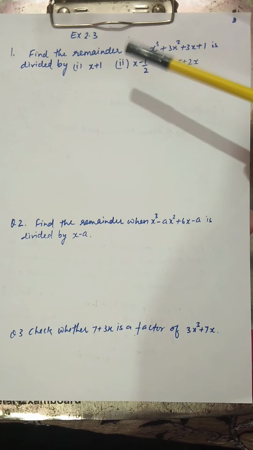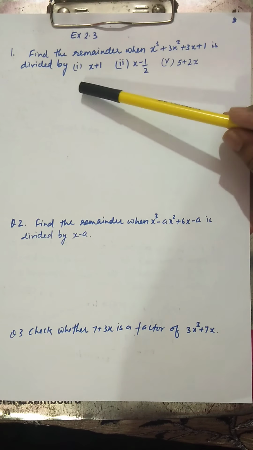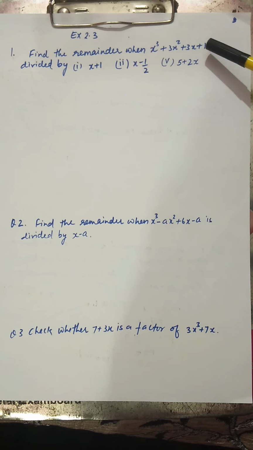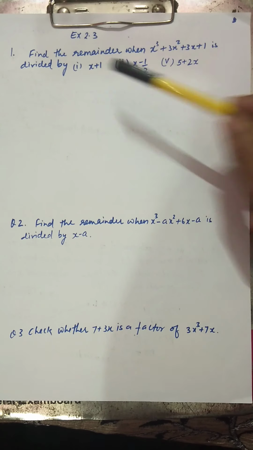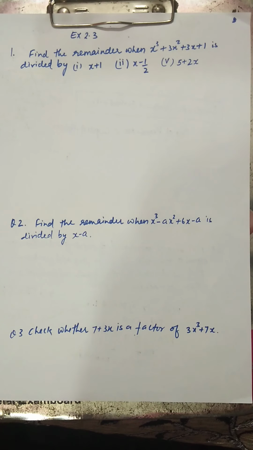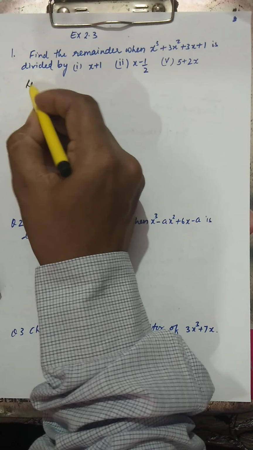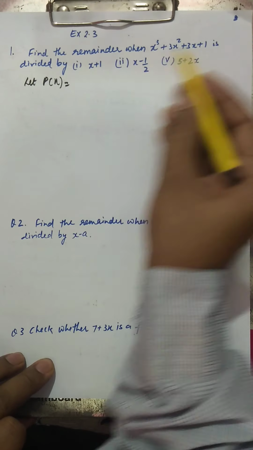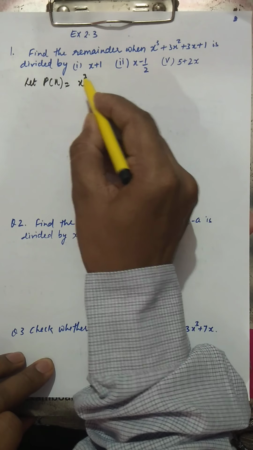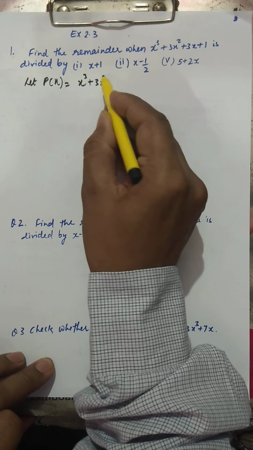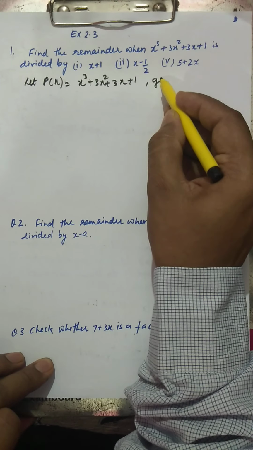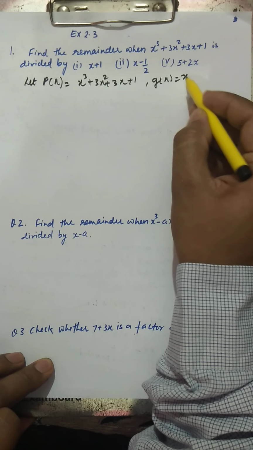We'll see some problems based on this remainder theorem. Now we'll discuss exercise 2.3. The first question is: find the remainder when x cube plus 3x square plus 3x plus 1 is divided by x plus 1. There are three parts that I am going to take. First part: you assume that p(x) is equal to x cube plus 3x square plus 3x plus 1, and let g(x) is equal to x plus 1.